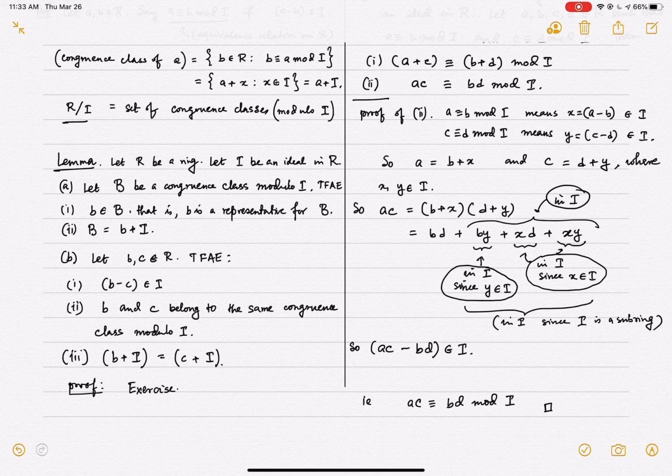The difference being in I is exactly the meaning of the statement that the two things are congruent mod I.